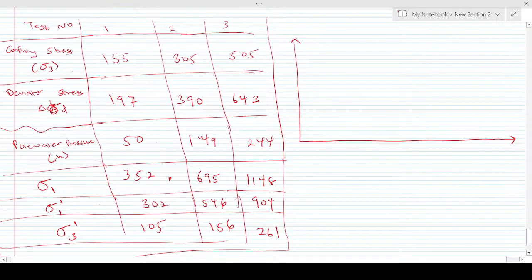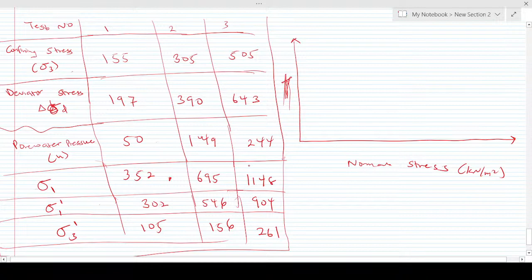So you have your normal stress here, in kilonewton per meter square, and you should have your shear stress at the side.